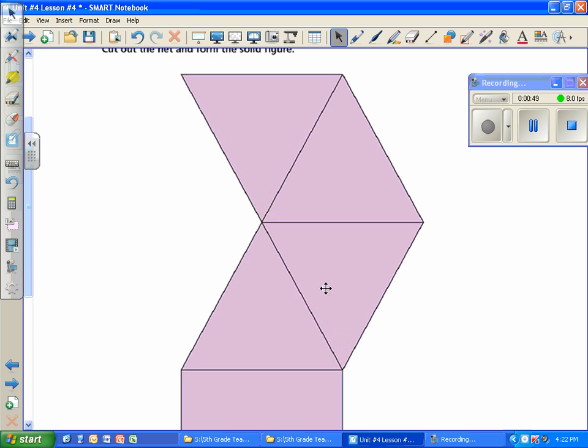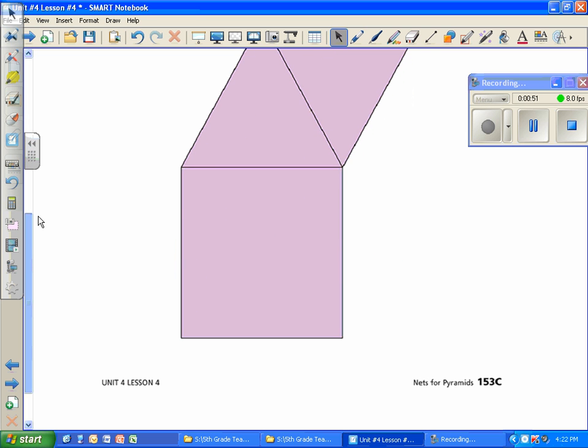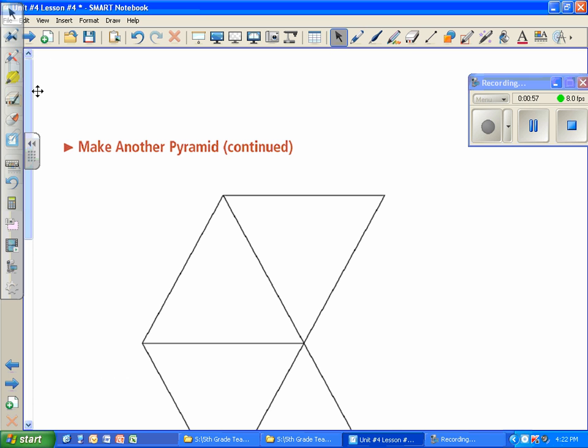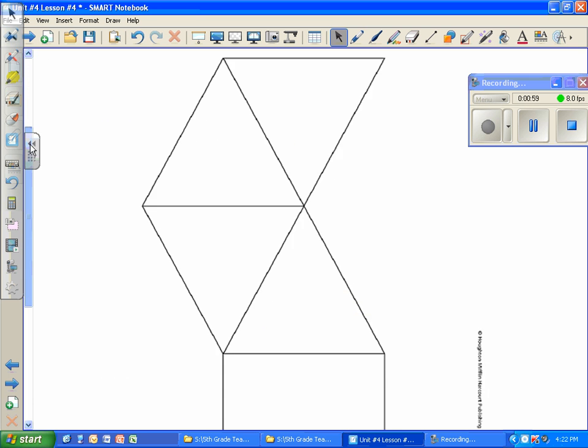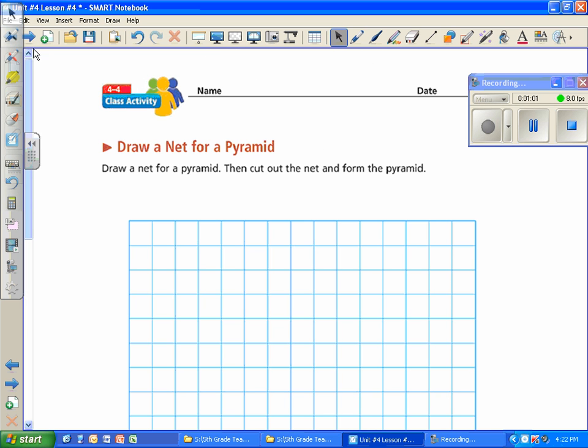You can see your faces, and then this almost looks like a square, but it's a rectangle. And another way of looking at it. In class, I believe you have some pyramids already defined according to their net.